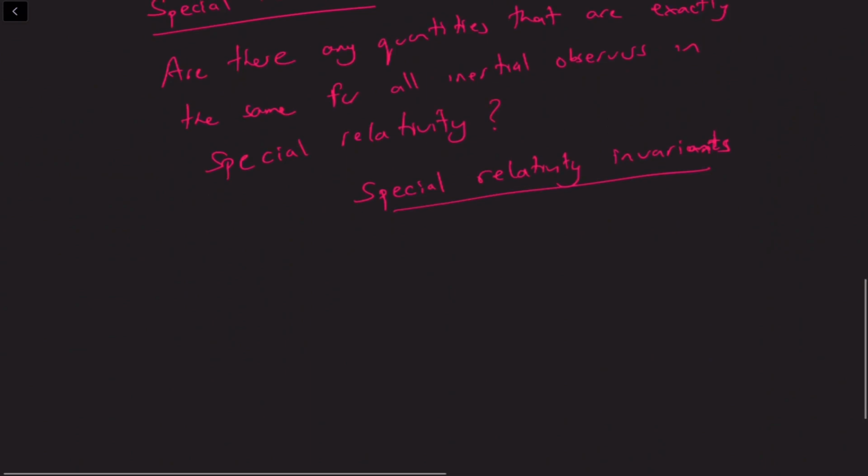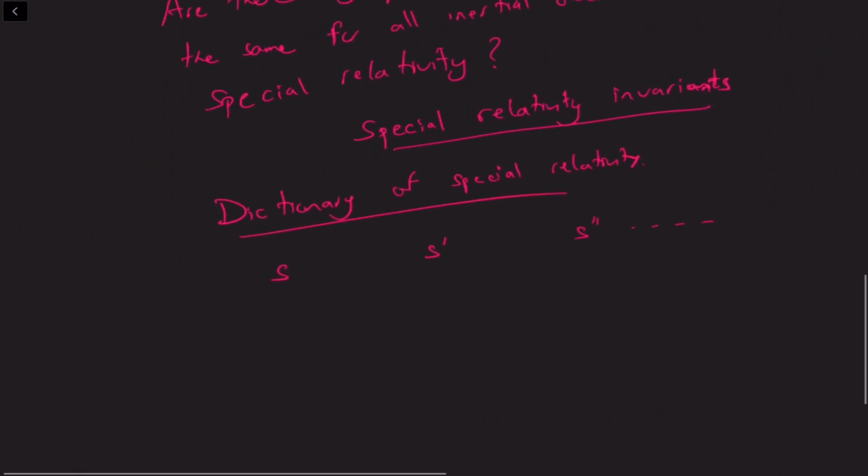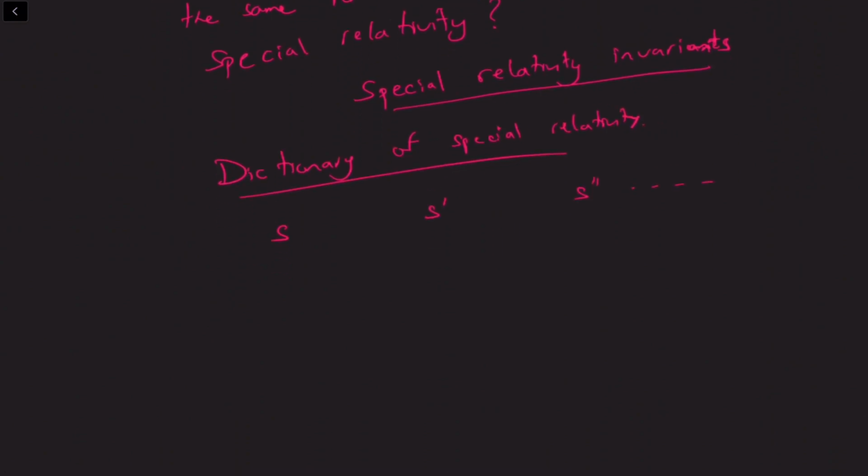In other words, if we are looking at our dictionary of special relativity, and we talk about several observers, S prime, S double prime, and so on, what we're asking is, is there a word in the dictionary which for observer S is exactly the same as the word observer S prime uses, which is also exactly the same as the word S double prime uses, and so on.